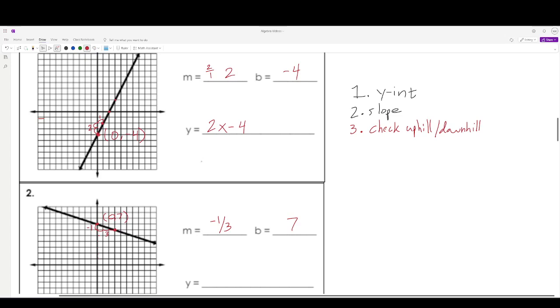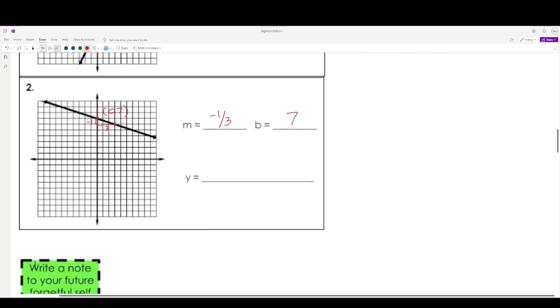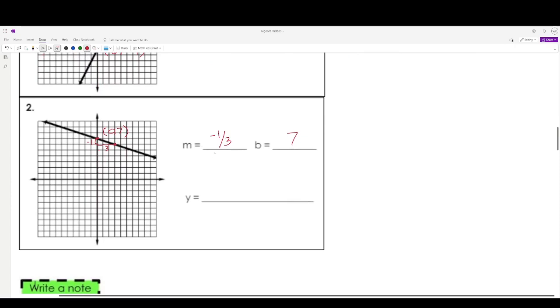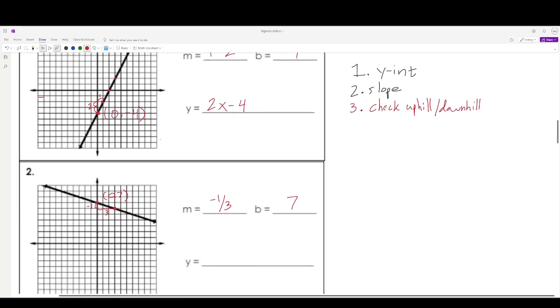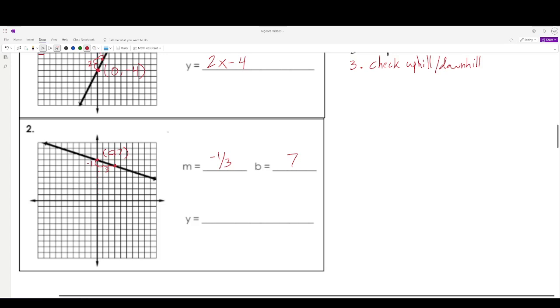It's the number one most messed up thing when we're writing equations from a graph. So just ask yourself, after you write this number, this is negative, is this downhill? Yeah. Or after writing this number, that's positive, is this going uphill? Yeah. So that's what you want to always ask yourself: is this correct with the sign of the slope?